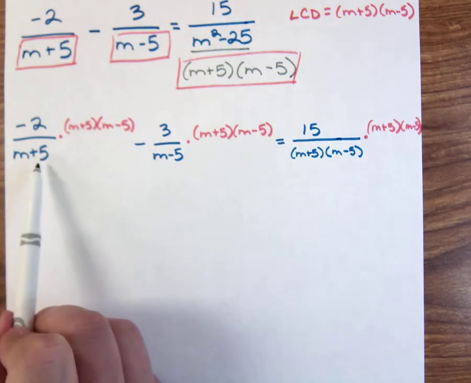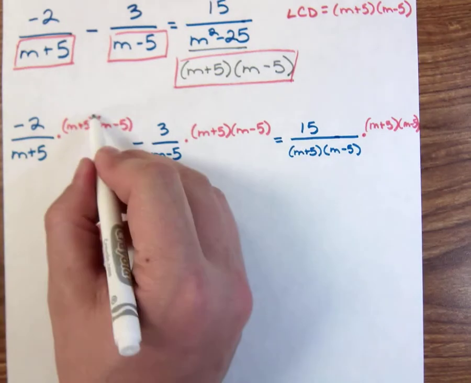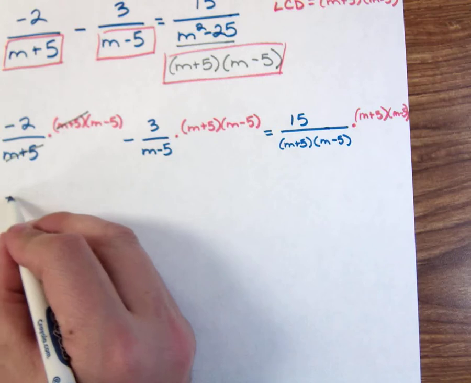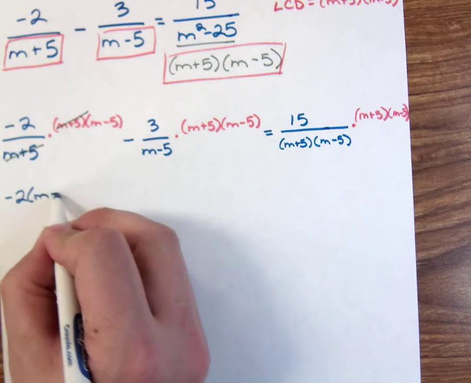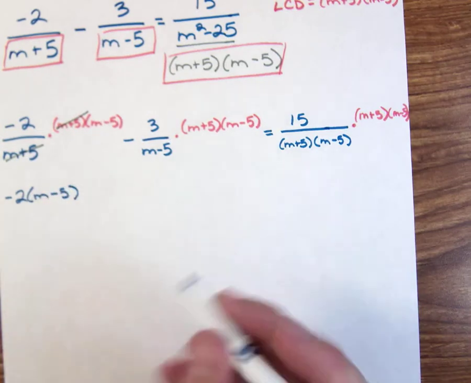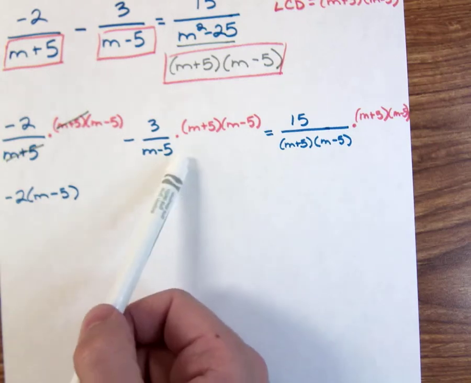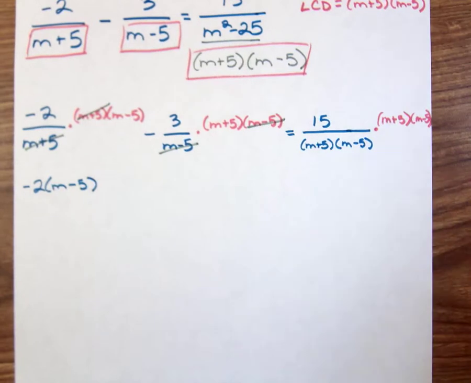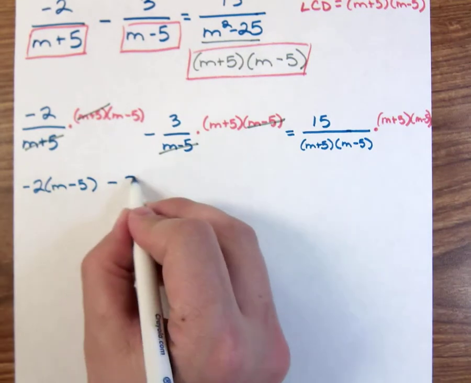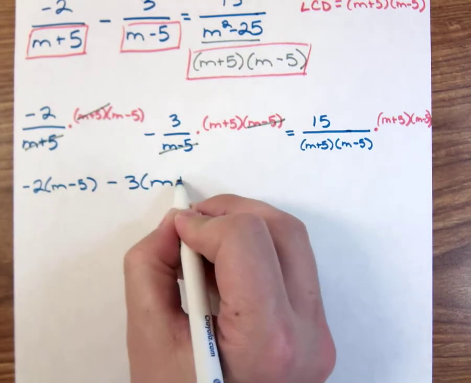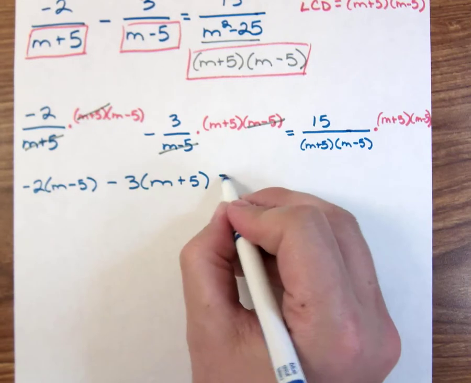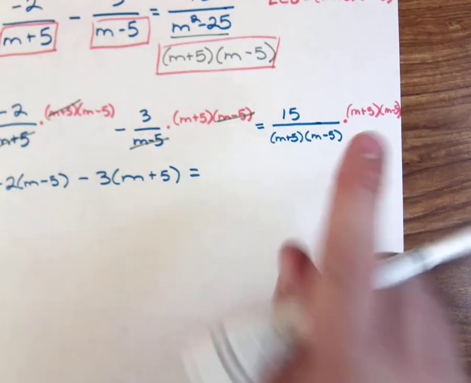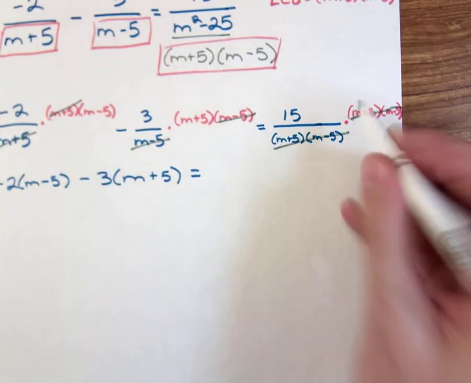The m plus 5s cancel, which leaves negative 2 times m minus 5. For the second, the m minus 5 cancels, leaving minus 3 times m plus 5 equals, everything cancels there, just 15.